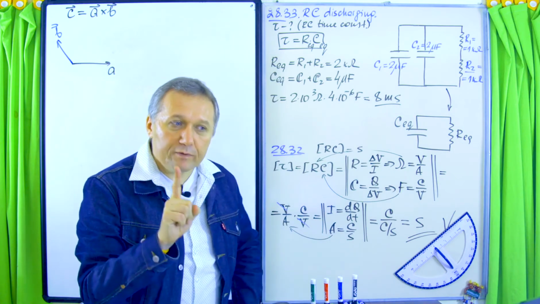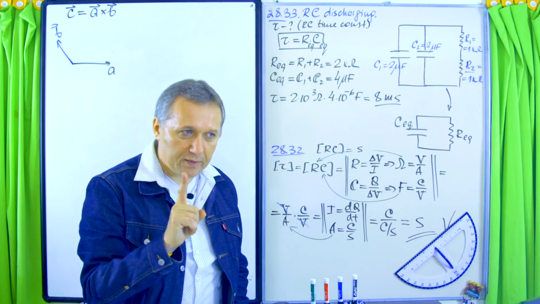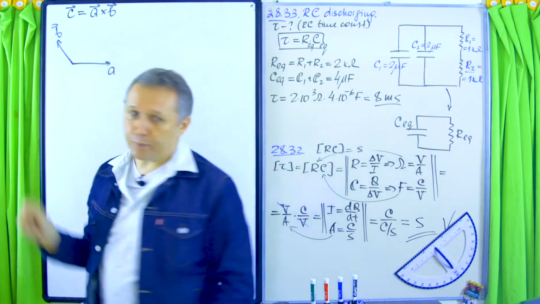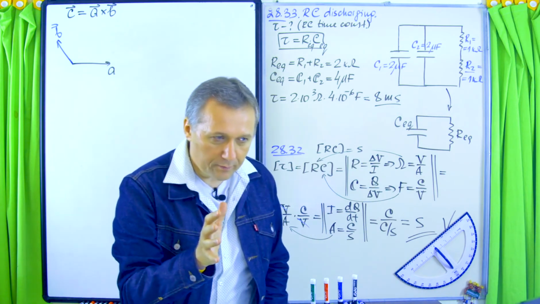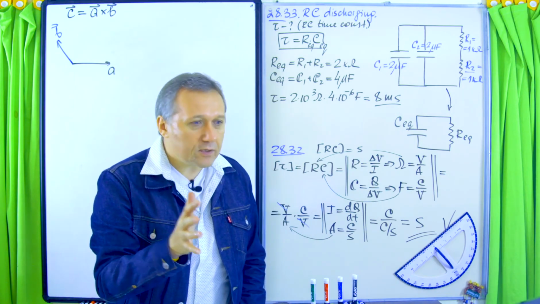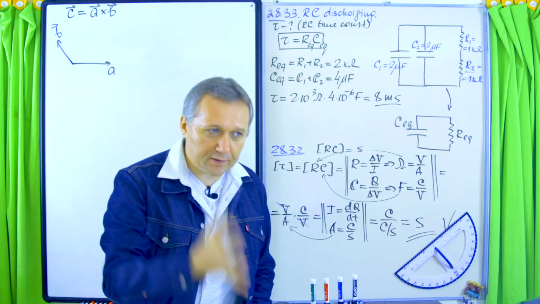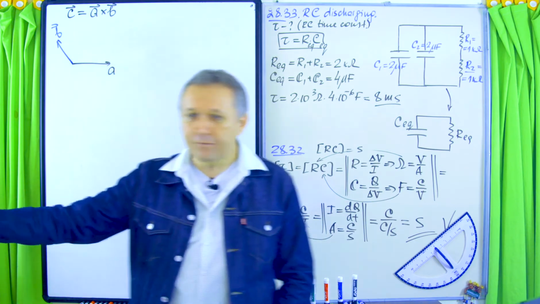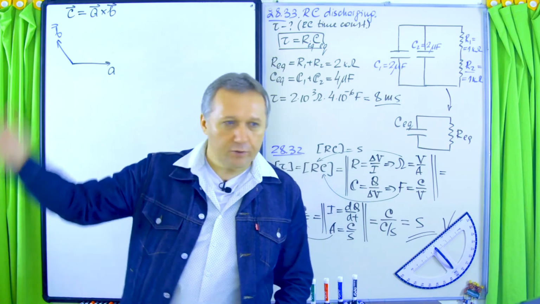Before I start applying the right-hand rule, you must remember that this vector C, the cross product, by definition, don't try to find the logic in this rule. It's just a mathematical tool which mathematicians introduced for us physicists so that we can describe some phenomena which we observe around us, some strange directions.